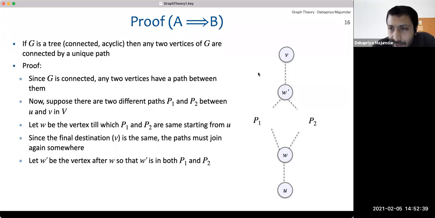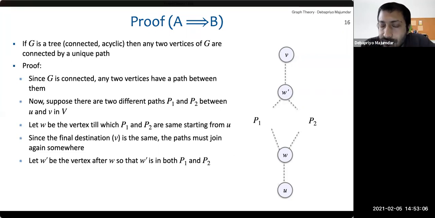It can again bifurcate and again join and so on. But essentially what we are saying is that after W, once they go apart, they join into one vertex for the first time at W prime. So W prime is the first vertex after W that is in both path P1 and path P2.